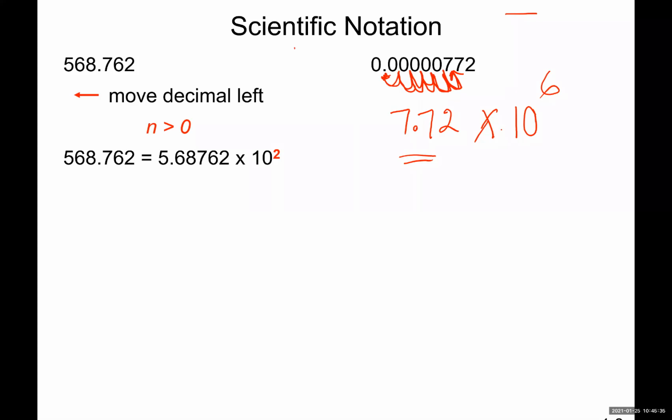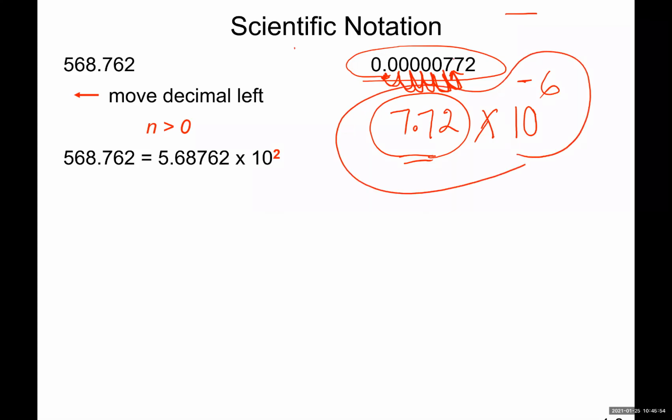I actually make this tiny number much larger. So I should have a negative power. So 7.72 times 10 to the minus 6 is the scientific notation of the standard number 0.0000772.